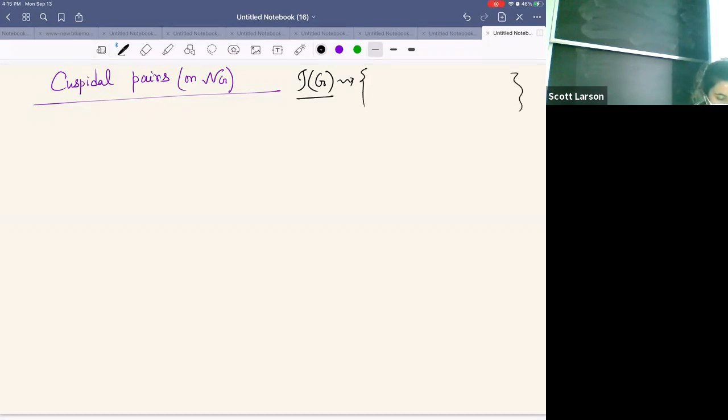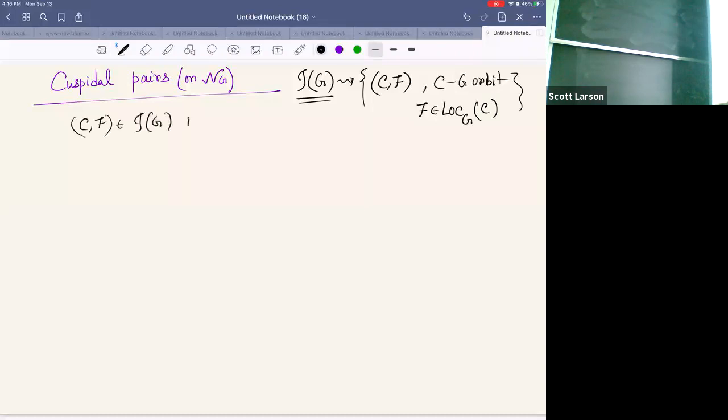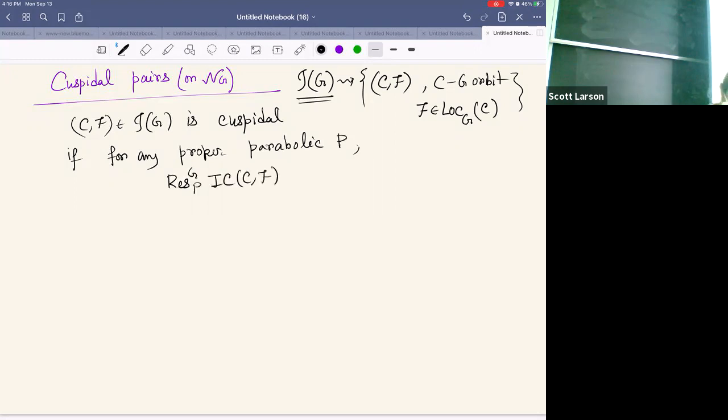This set is the collection of pairs (C, F), where C is a G-orbit in the nilpotent cone, and F is a G-equivariant local system on C. So a cuspidal pair (C, F) in I_G is cuspidal if for any proper parabolic P, I have the condition that the restriction from G to P of the IC associated to this pair is 0.